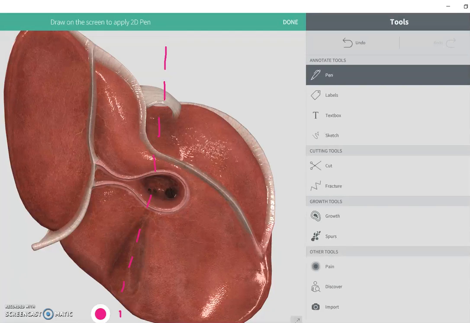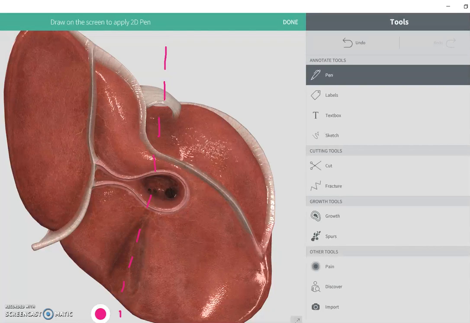But again, when you divide the right and left lobe using the falciform ligament, the right lobe is bigger than the left lobe. When you divide the liver using the Cantlie's line, it is still going to be the right lobe bigger than the left lobe.